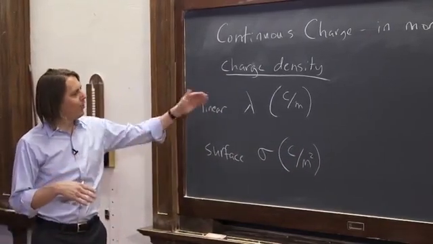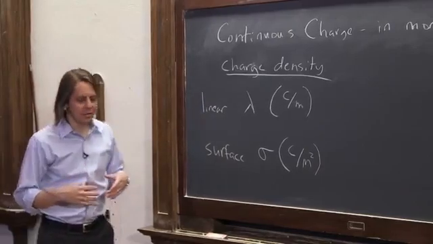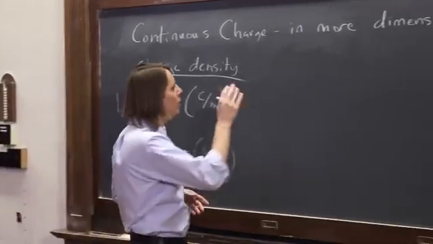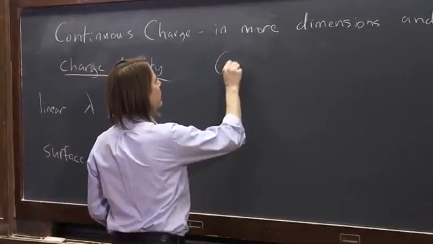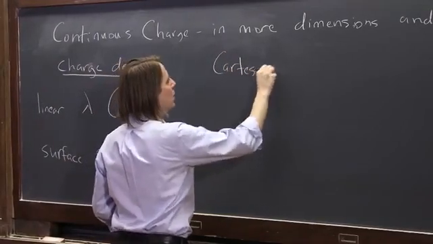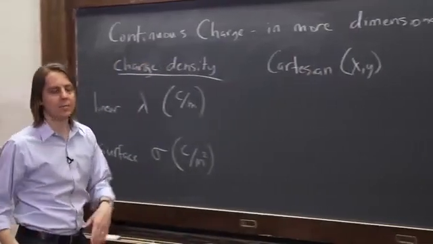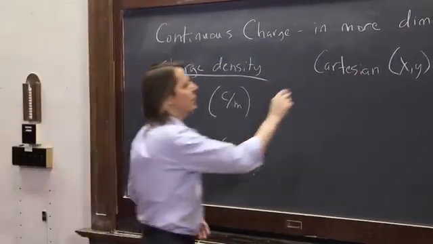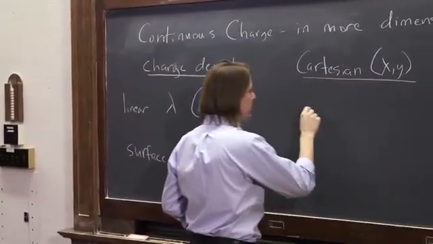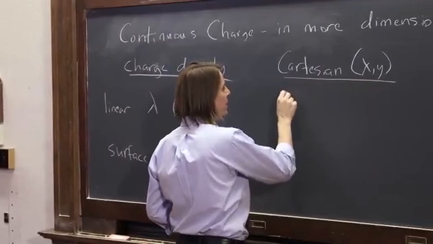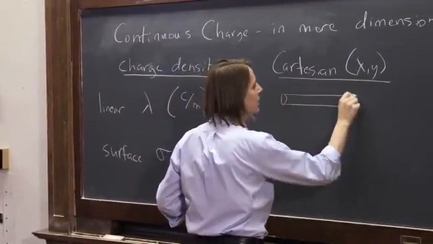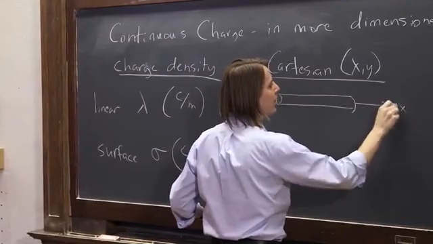But how you do problems with lambda and sigma kind of depends on the problem. So one way is to go with Cartesian coordinates, which is just a fancy name for the standard xy coordinates. So if we're going to do a linear problem in Cartesian coordinates, then you really just need one coordinate. You just need x. And it's just like before. We put it on the x-axis.